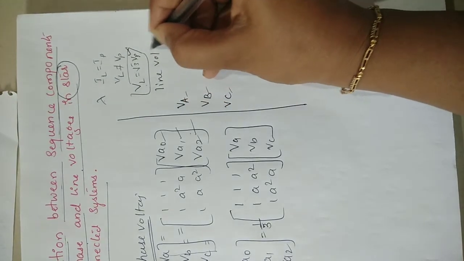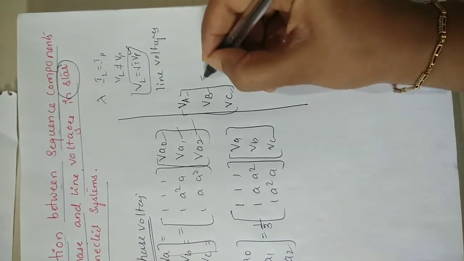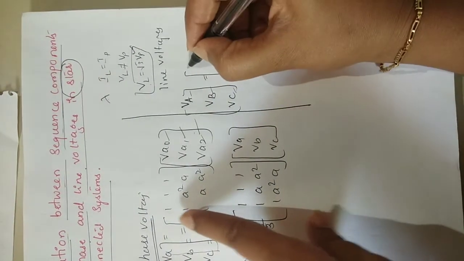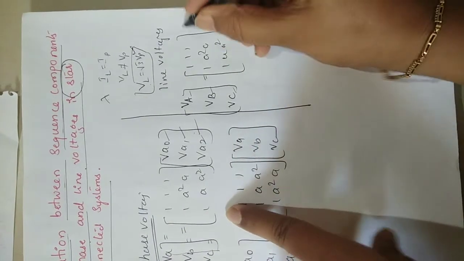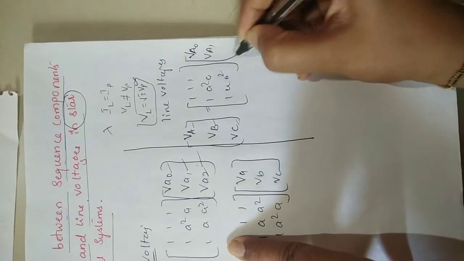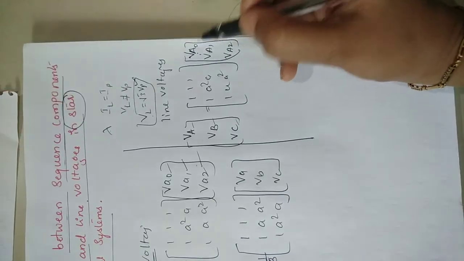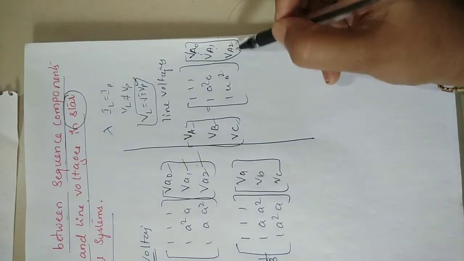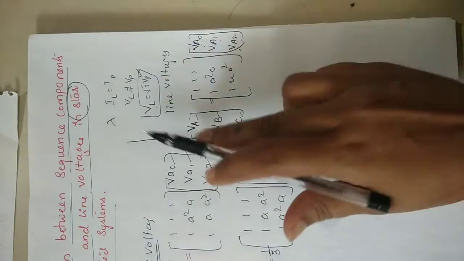For line voltages the same formula applies: the same matrix into capital VA0, VA1 and VA2, zero, positive and negative sequence. Only thing is this is phase and this is line in star.